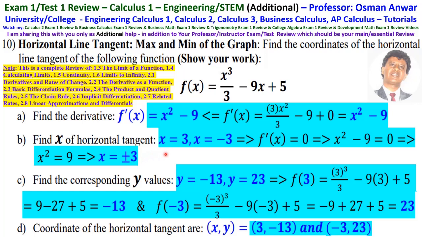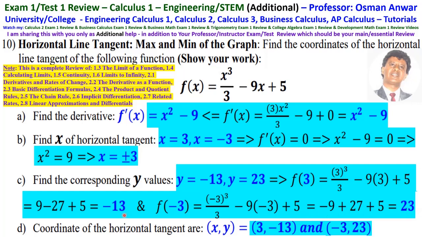Then evaluate y, which is f of x, at 3 and minus 3. So f of 3 is 3 to the third over 3 minus 9 times 3 plus 5, which is equal to minus 13. And f of minus 3 is minus 3 to the third over 3 minus 9 times minus 3 plus 5, which is equal to 23.